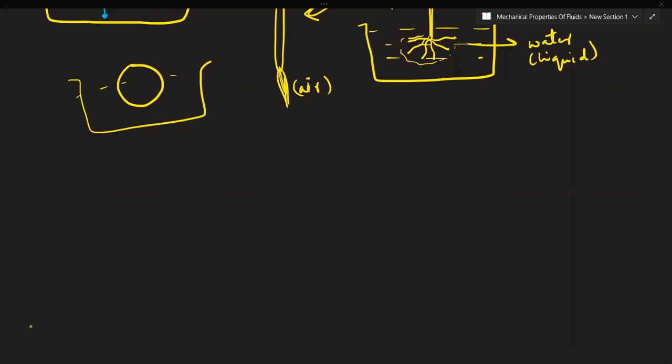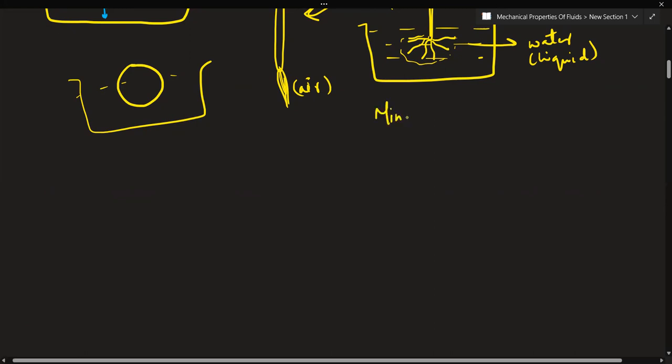Again, I'm repeating: every system tends to arrange itself in a way that it has minimum potential energy. So the free surface of the liquid also tends to have minimum potential energy. This is only possible if the area of the liquid surface is minimum.